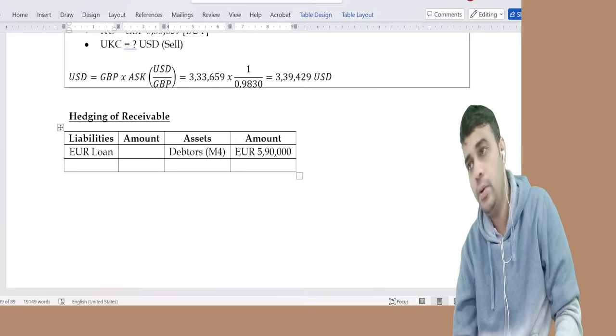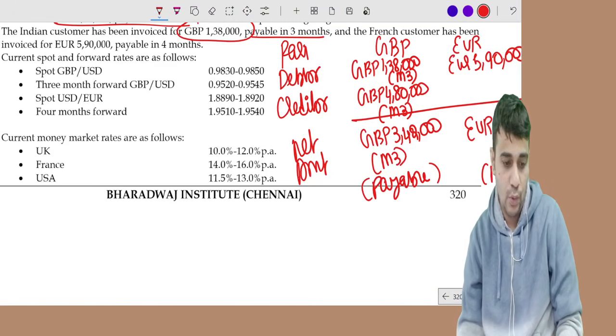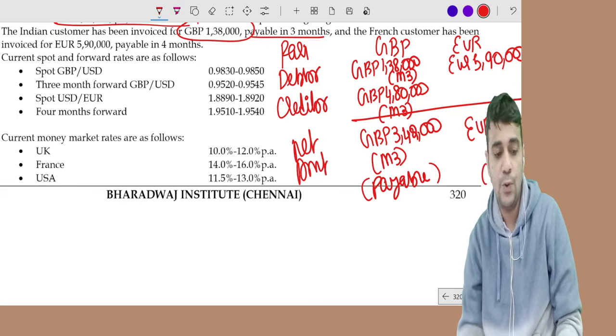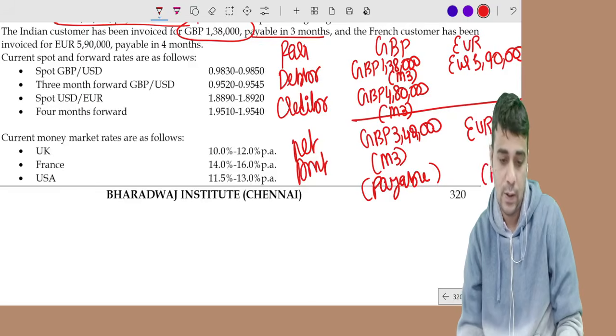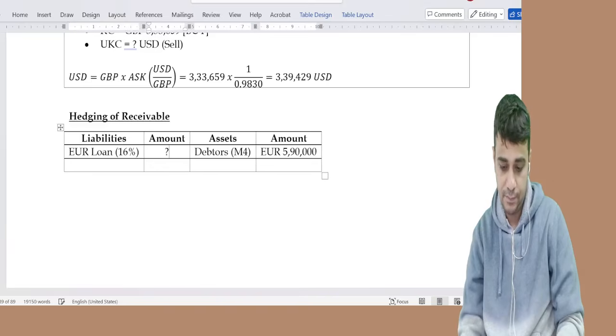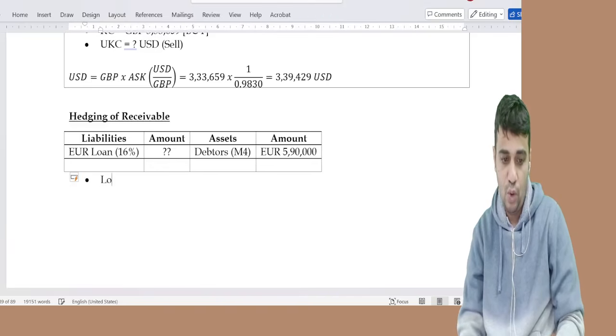The loan is in euro, which is France; UK is GBP, France is euro, US is US dollar. The interest rate is 16%. Loan plus 5.33333% of loan.